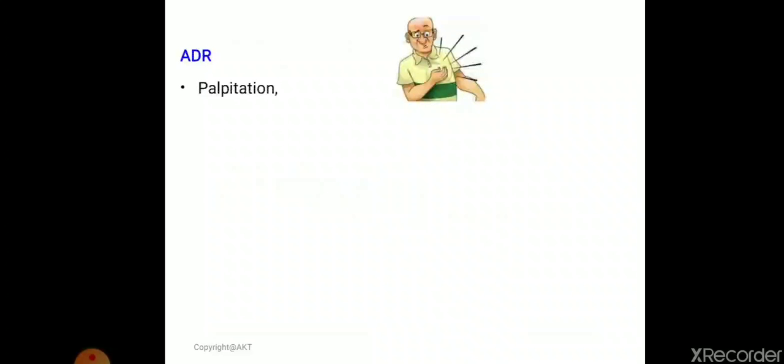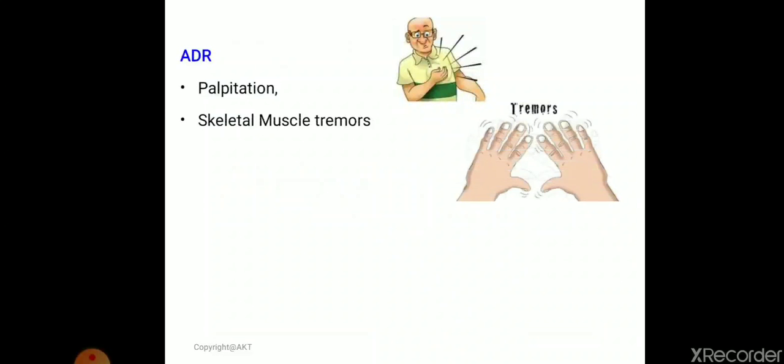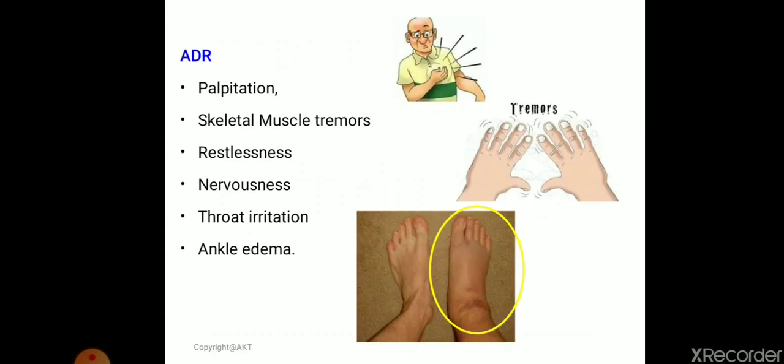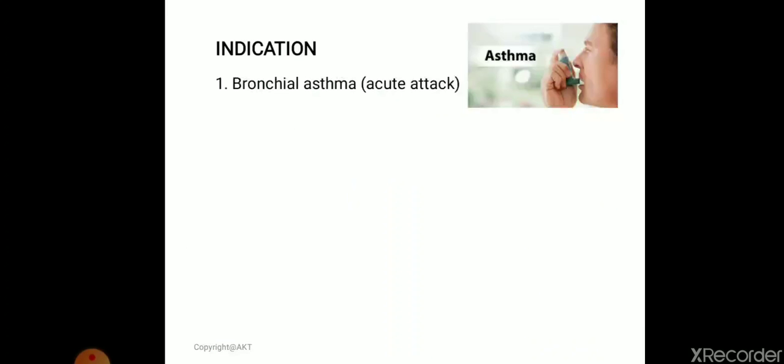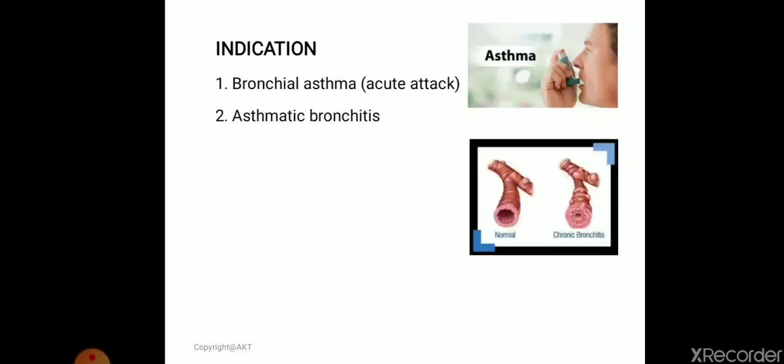Adverse effects: mainly palpitation on overdosage, skeletal muscle tremor again on overdosage, restlessness, nervousness, throat irritation, and angioedema, which is rarely observed. Palpitation and skeletal muscle tremor are very commonly observed because the syrup is not taken in the prescribed amount, it is just simply swallowed. Indication: mainly used for bronchial asthma, especially during acute attack.